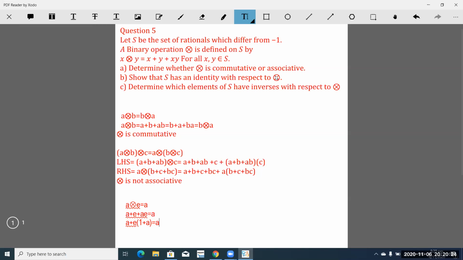A plus E times (1 plus A) is A. To make E the subject, I subtract A from both sides, and I'm left with E times (1 plus A) equals 0. So E is equal to 0. So the identity is 0.